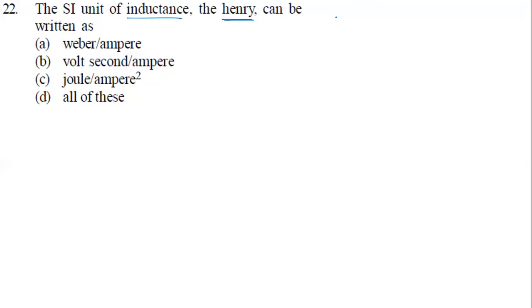As I told you, L times I gives us magnetic flux. So L equals magnetic flux per current. Magnetic flux is Weber, current is ampere. So I can write this unit as Weber per ampere. So that is one correct answer.